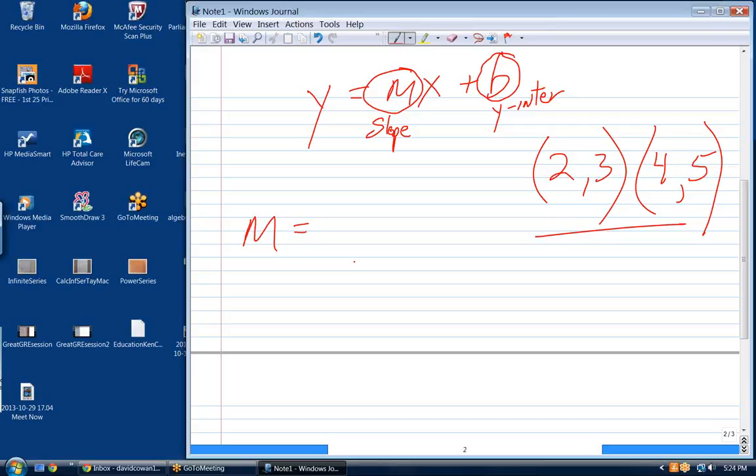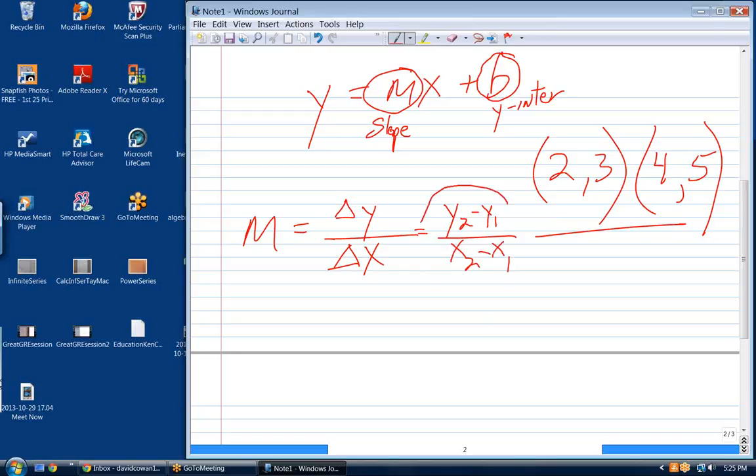It's the difference in the y coordinates. That's the rise. Over the difference in the x coordinates. That's the run. Another way that it's usually written is y sub 2 minus y sub 1 divided by x sub 2 minus x sub 1.